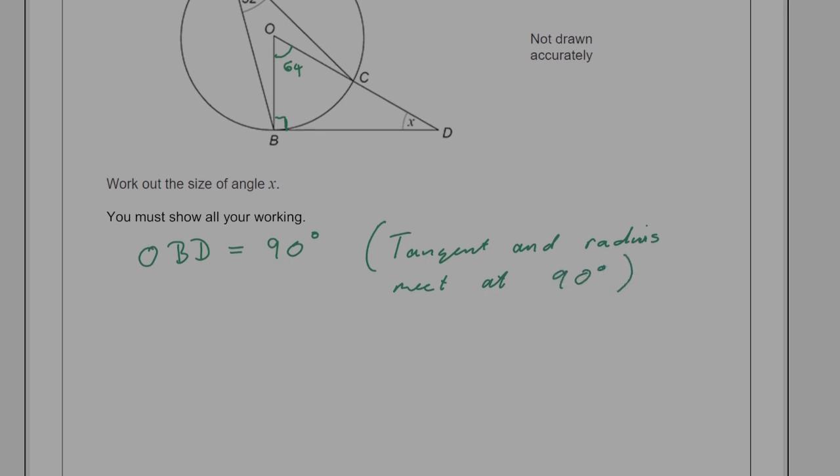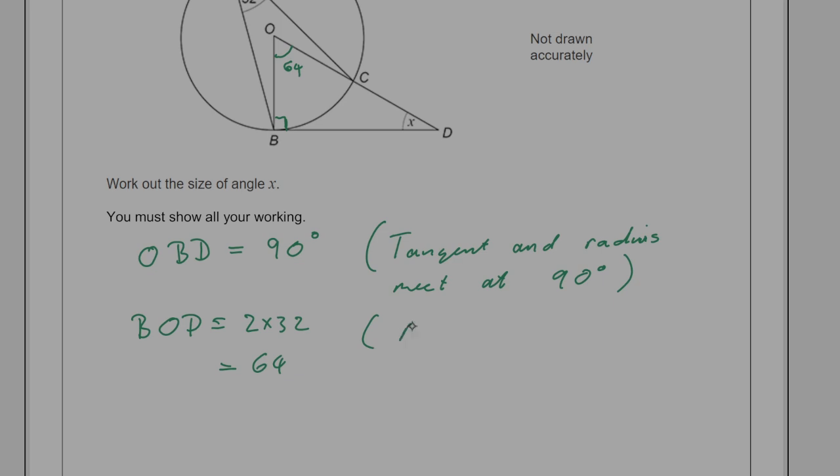And I'm going to say that BOD is going to be equal to 64. I'll actually go a step further and say 2 times 32, which is equal to 64.